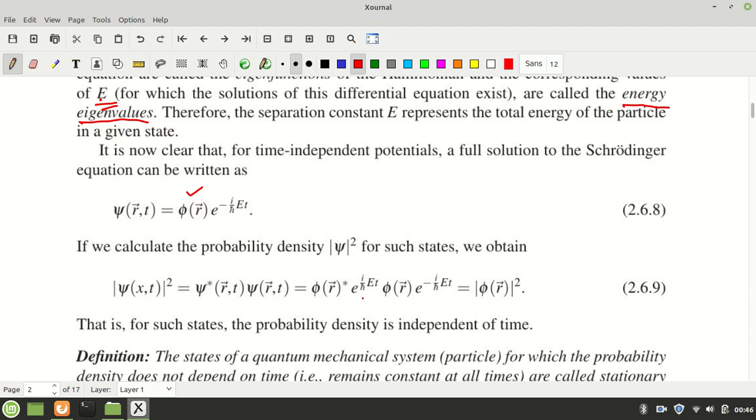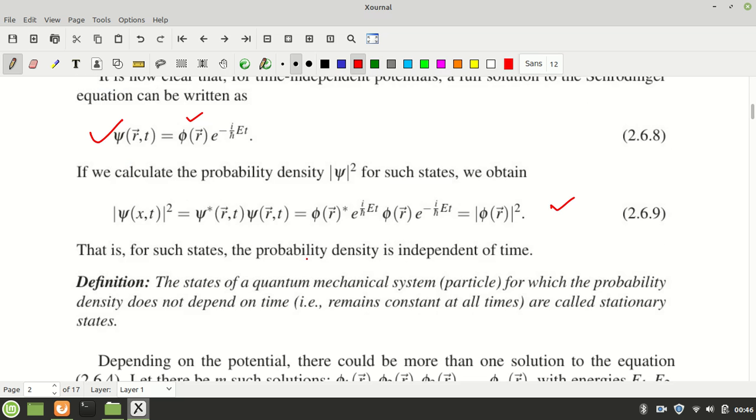So this time part will vanish, so the result is mod phi square, which is independent of time. This kind of solution, that is psi, will be called stationary, because psi is the total wave function of the system and it is dependent on time also, but the probability density is independent of time.